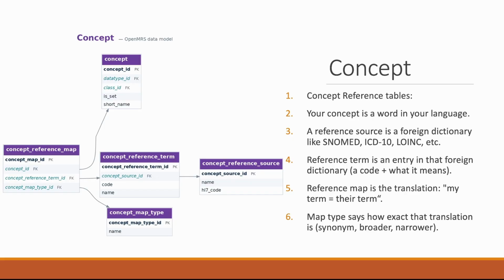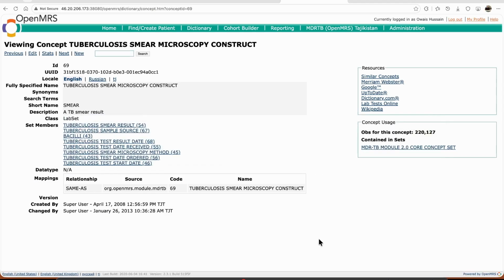And you can also define the map type, meaning are these two terms exactly the same, or is my term broader than the other one or narrower than the other one. These are different map types you can define. Let me go ahead now and show you one mapping here. So see, there's a mapping.